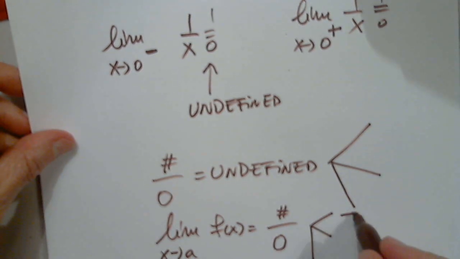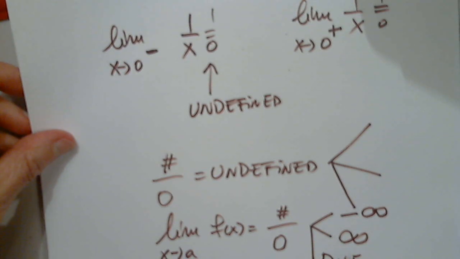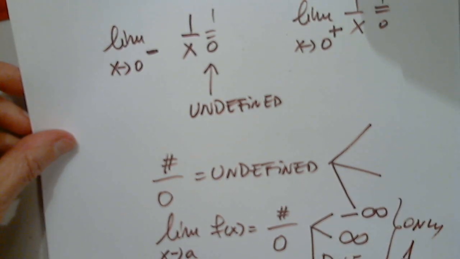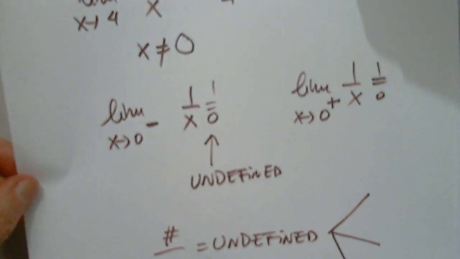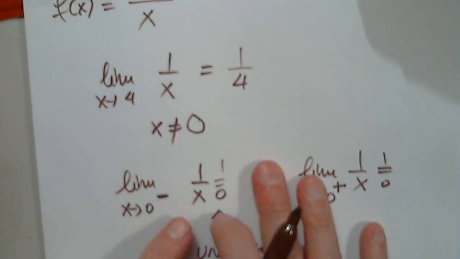One is negative infinity, the other one is infinity, and the last one is DNE. Only one of them. Only one. So, what is the answer here?